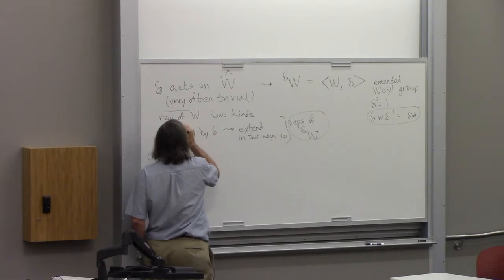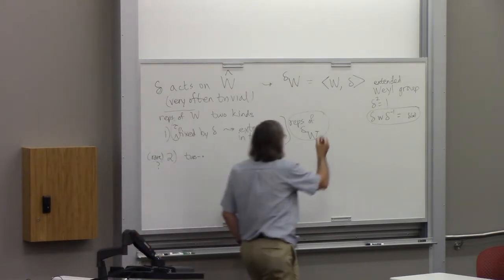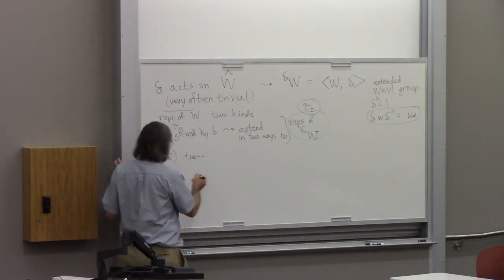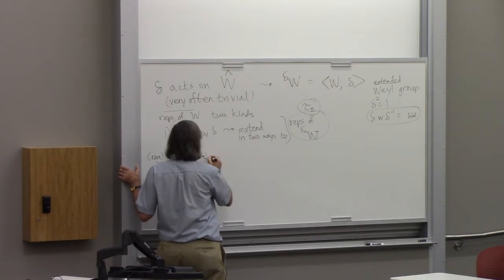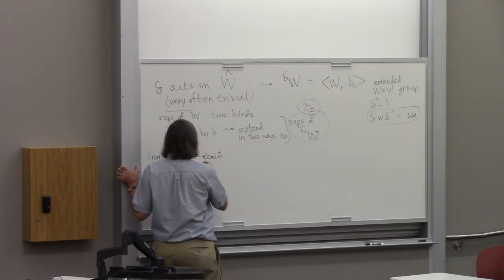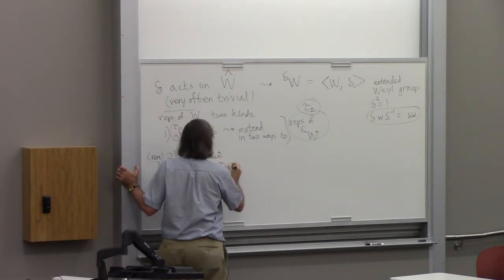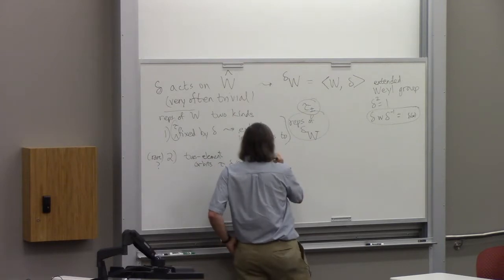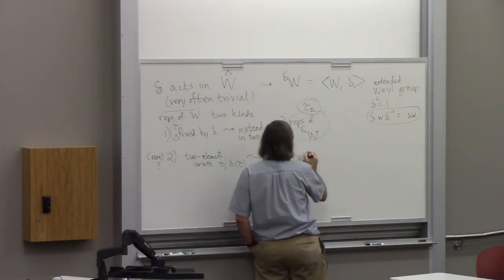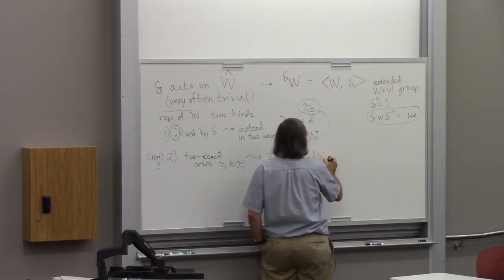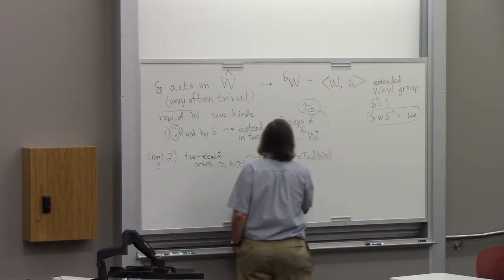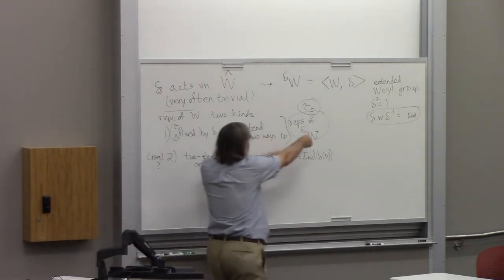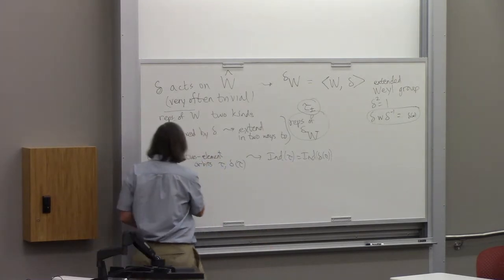You have some tau which is fixed by delta, and we tended to call these things tau plus or minus. And the second case, which I think is rare, is these two-element orbits, tau and delta tau, and this extends to induced of tau. That's how you get all the representations of this.